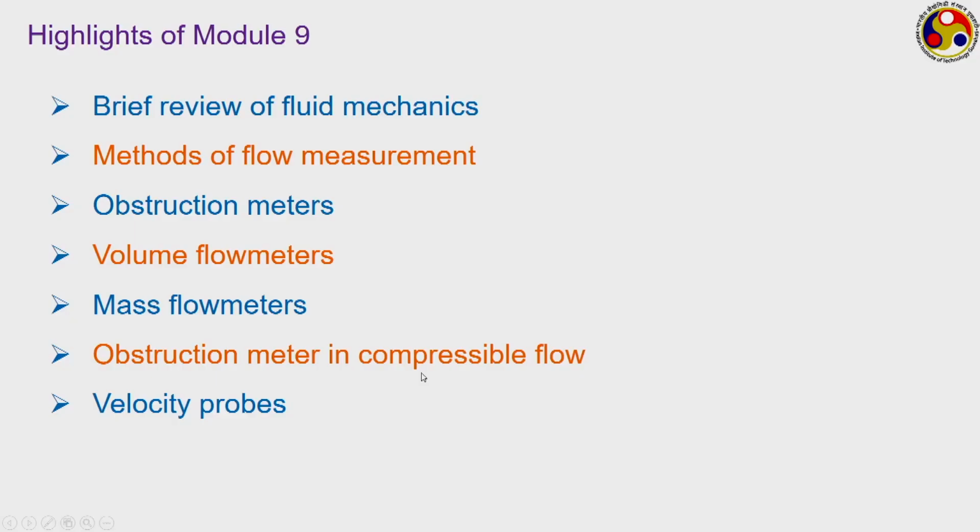But just the way we put a density correction factor in obstruction meters, the same correction factor can also be used in case of pitot tube if we want to use that for compressible flows. So we finished with the discussion on velocity probes, where we discussed the pitot tube, then anemometry, and then two advanced equipments in the form of the laser Doppler principle and particle image velocimetry. So that is the end of this particular module.